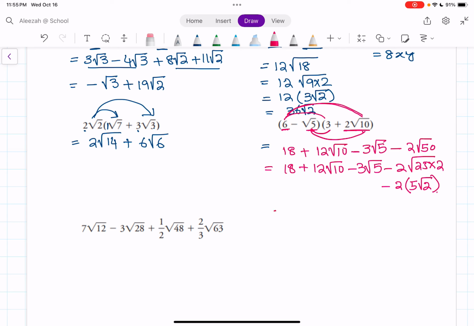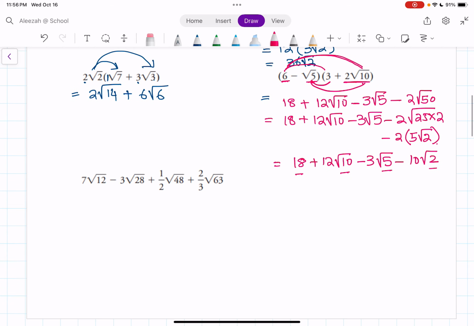So my final answer will be 18 plus 12 square root of 10 minus 3 square root of 5 minus 10 square root of 2. And I can't simplify it any further because I don't have any like terms. Here I have square root of 2, here square root of 5, square root of 10, and that's a whole number, so I don't have any term which is like.